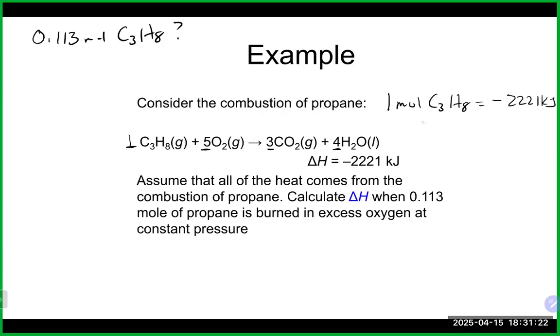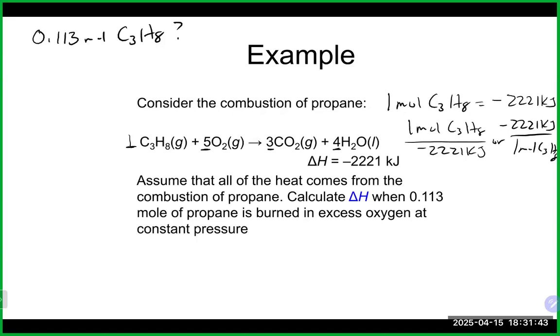And we could use it just like a stoichiometry conversion factor. You could write it like this over the energy value. Or you could flip it around and put the energy value up on top over 1 mole of C3H8, as I try to squeeze it in there.